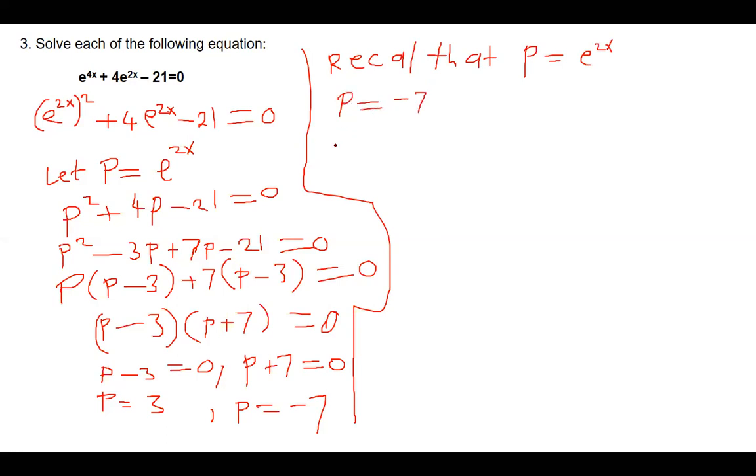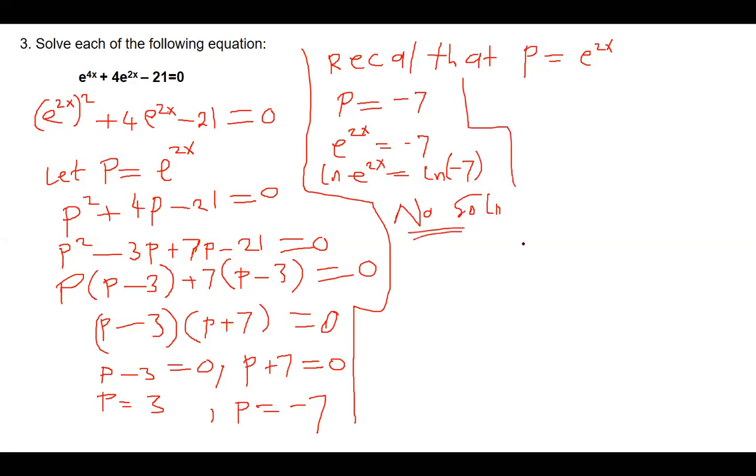So where there is p, we put e raised to power 2x is equal to negative 7. So we're going to introduce the ln on both sides of the equal sign. So this is what we're going to have: ln negative 7. And we all know that the log of a negative number, or the ln of the negative number, does not exist. So this side we just write no solution.